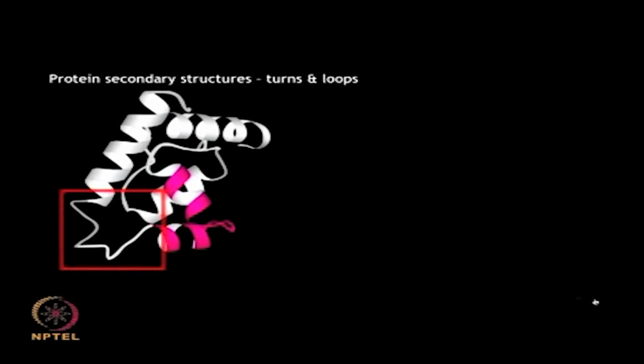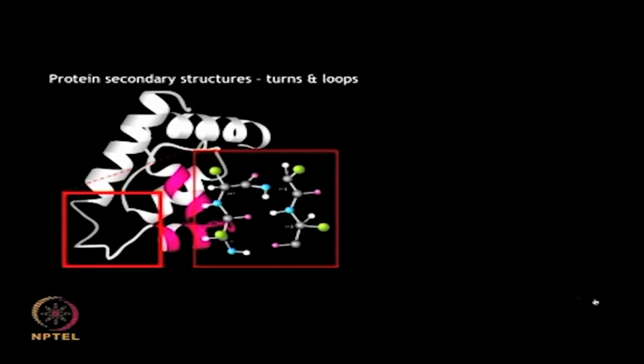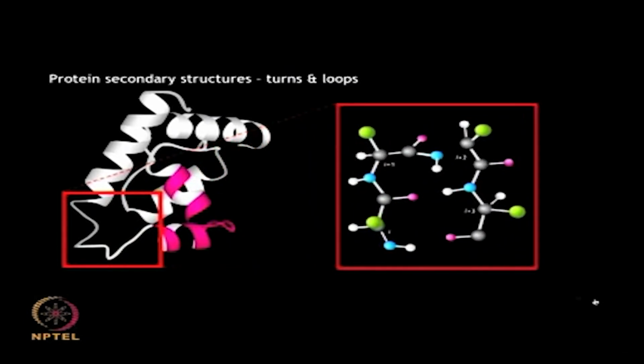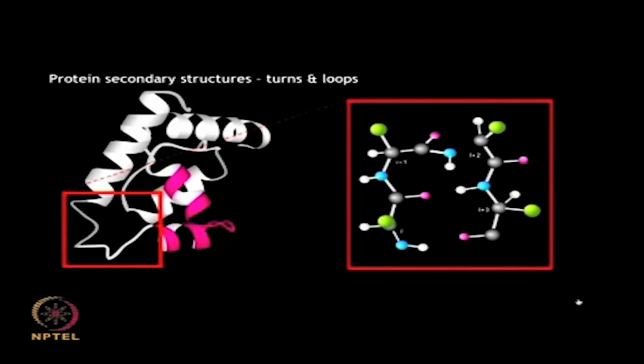Beta turns, which are the most commonly observed turn structures, consist of rigid, well defined structures that usually lie on the surface of the protein molecule and interact with other molecules.